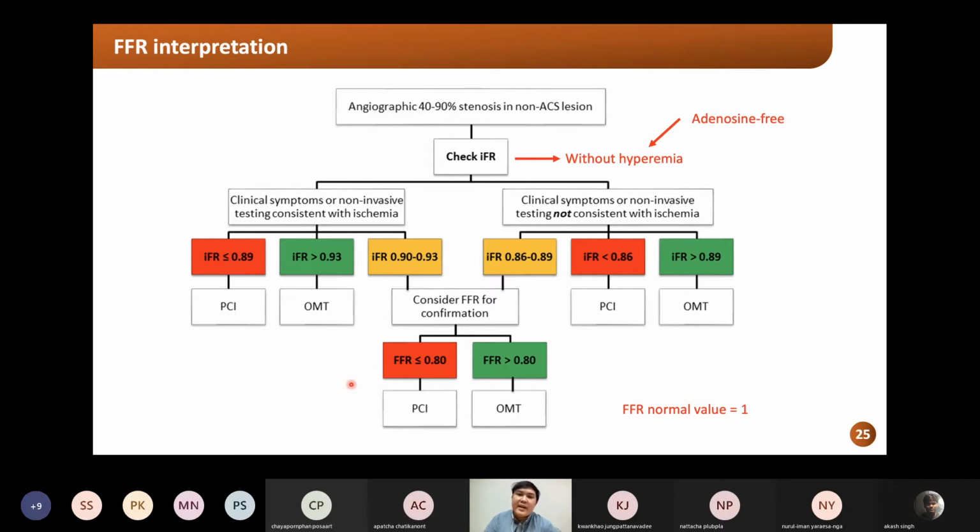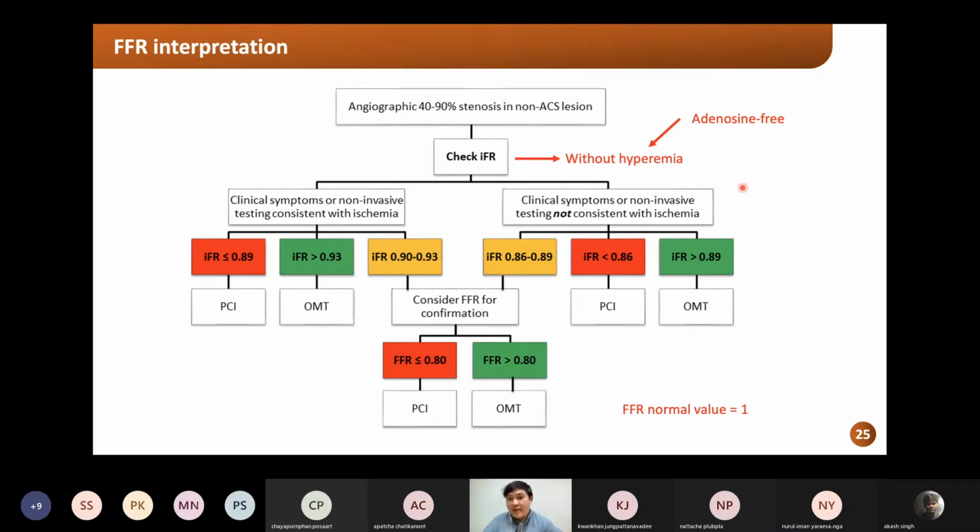And when we look at another branch of this diagram, if the patient has no symptoms related to CAD at all, when the doctor evaluates the iFR, if the value is below 0.86, the revascularization or PCI may benefit that patient.